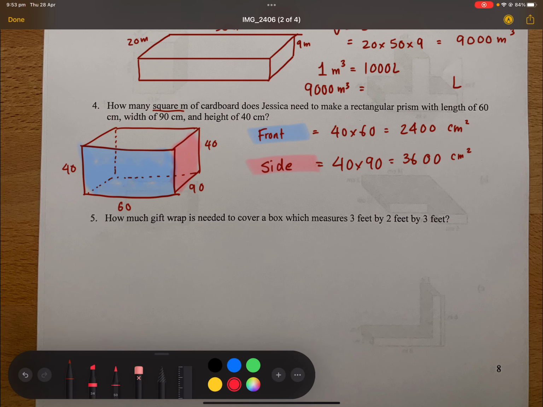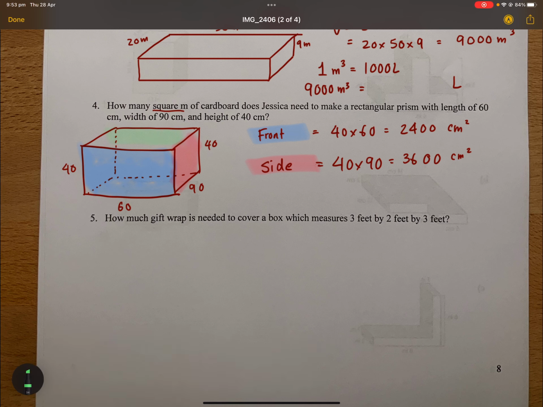Now I'm going to do the top face. How do we do the top face? Well, we got 60 for the length and the width is 90. So 60 times 90. 6 times 9 is 54. 54 with 2 zeros, centimeters squared.